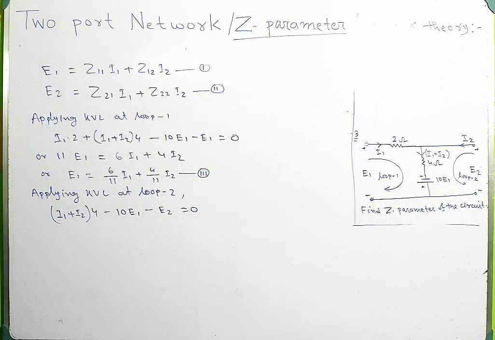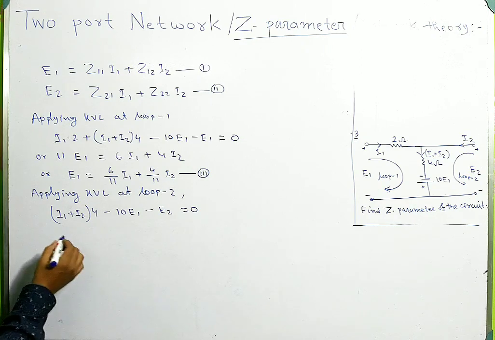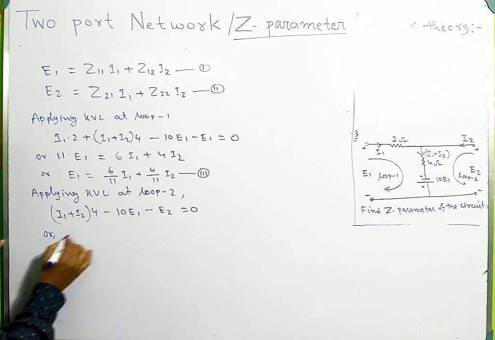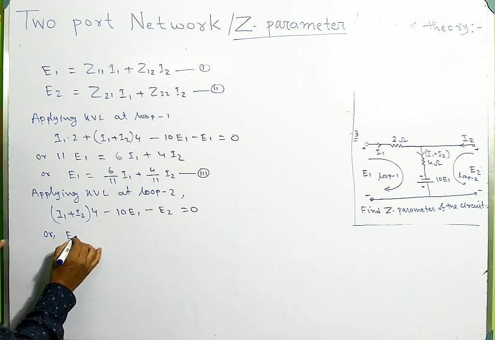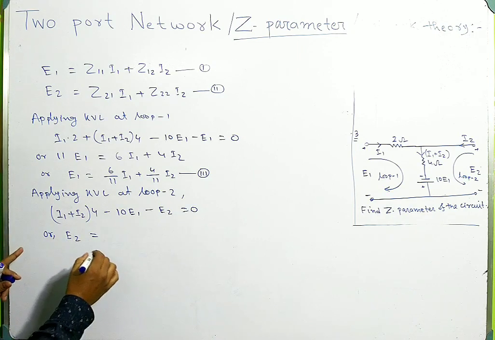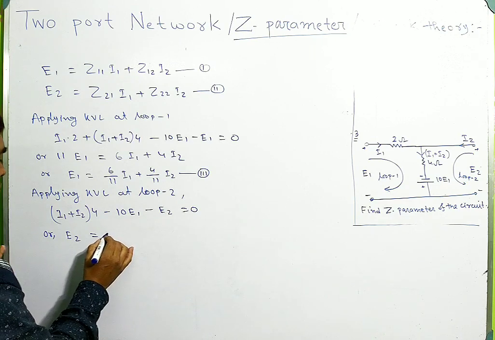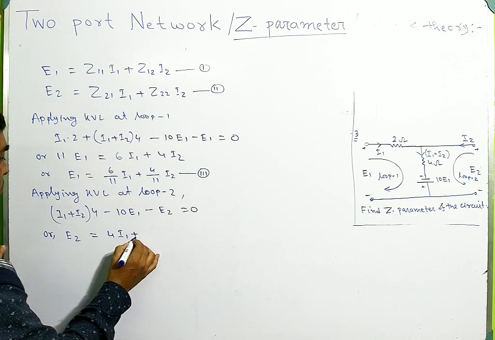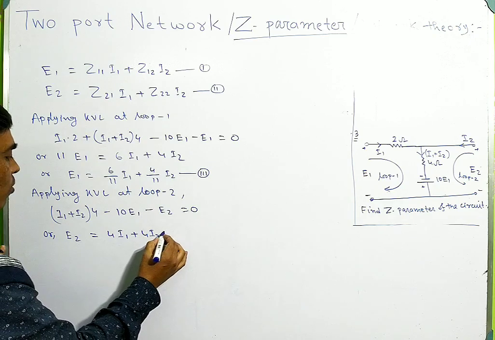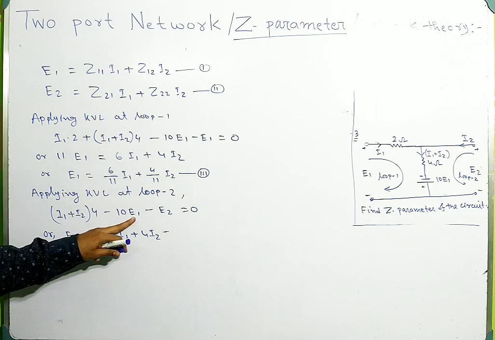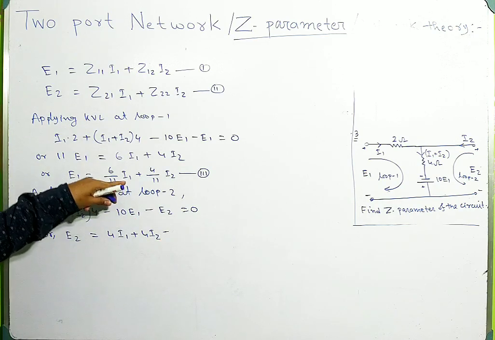So in this way you can write this KVL equation. Now E2 equals 4 I1 plus 4 I2 minus the value of E1 given by this.